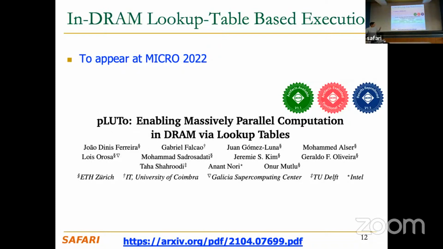Keep in mind as well that in every single subarray we are going to be performing multiple queries at the same time, because in the subarray you have many inputs and can also have many outputs, many query results after accessing the lookup tables. That's why it has certain complexity, because we need to identify when one particular input matches the particular index that we are accessing at that time.